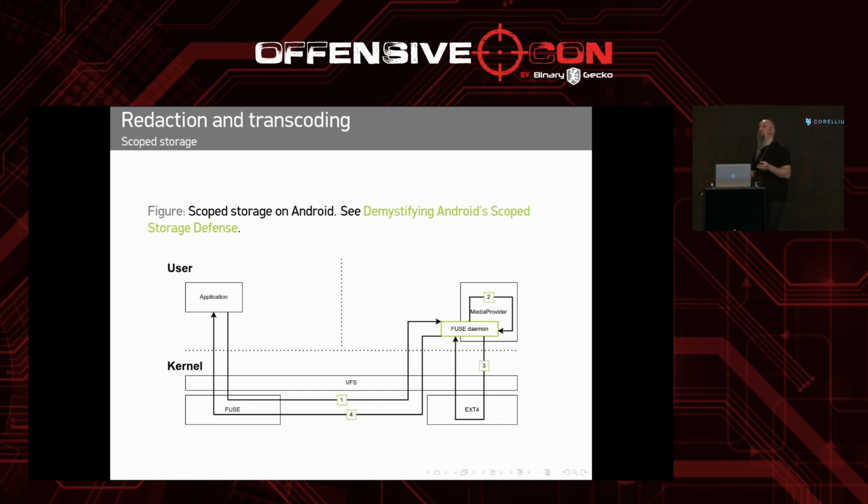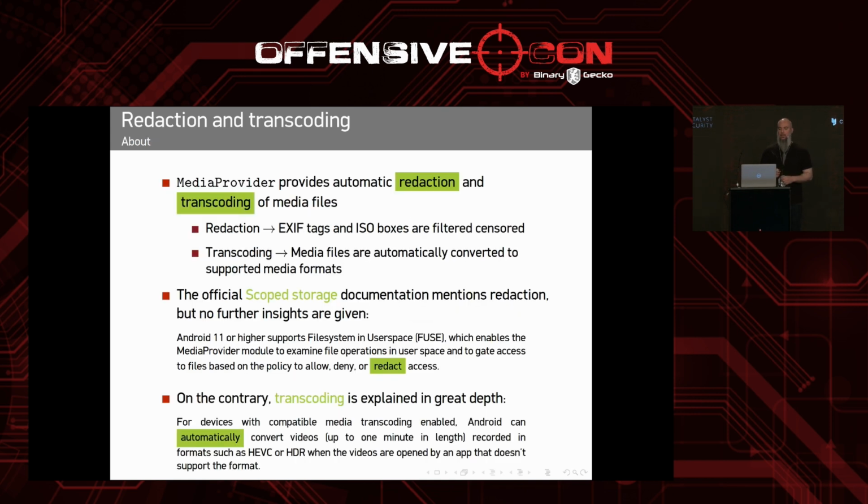Any application that attempts to open files under that directory will result in the kernel notifying the Fuse daemon, which handles the request. The Fuse daemon, of course, using JNI, can call internal Java methods in the media provider process. Lots of stuff happens there. And then a response is eventually returned back to the application.